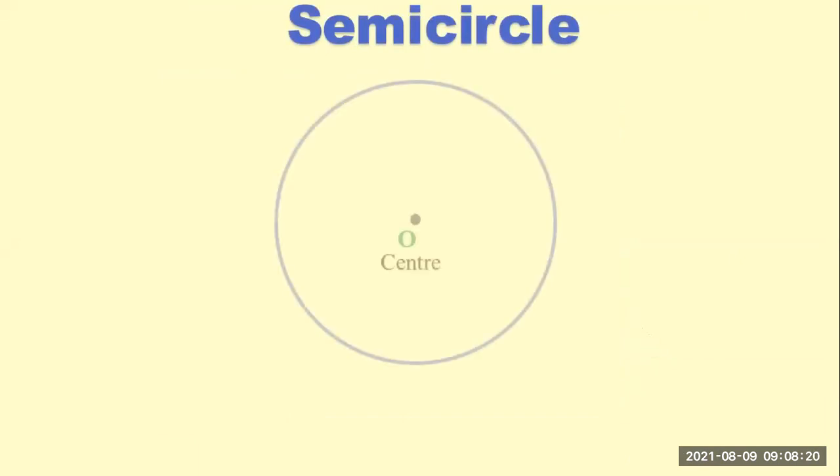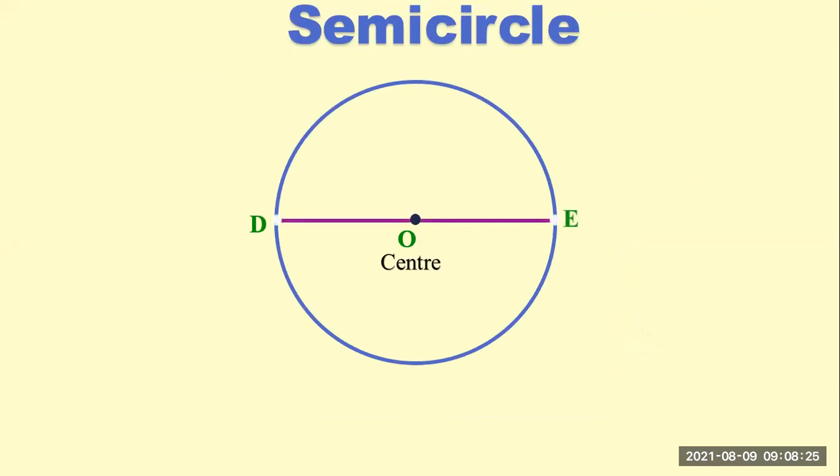Now, what if the arc is neither a major nor a minor arc? Suppose the diameter cuts the circle and these two are equal arcs. They are called a semicircle, okay? And its length will be exactly half of the circle, right?